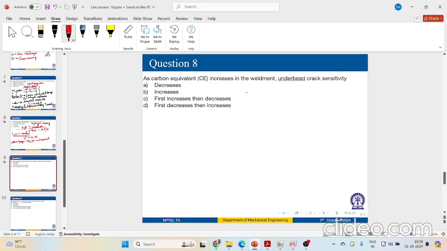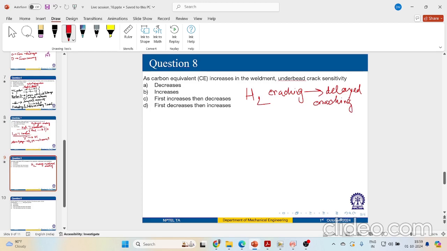So hydrogen cracking is also called delayed cracking.